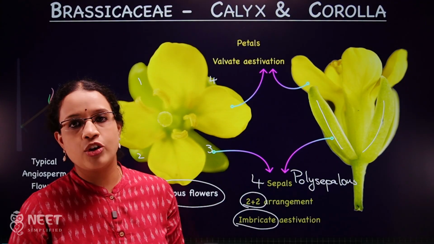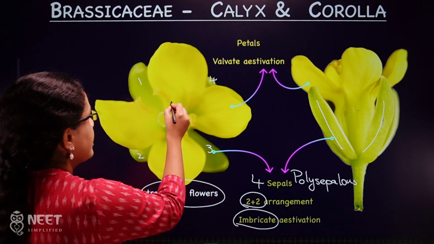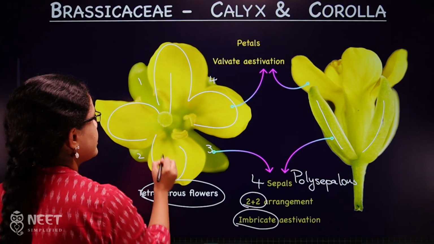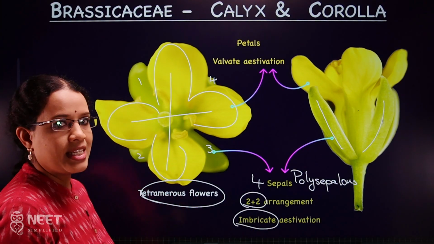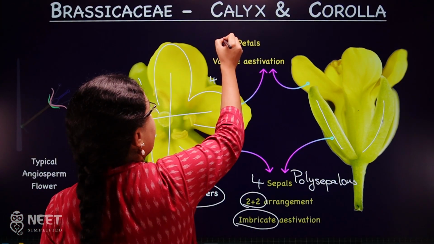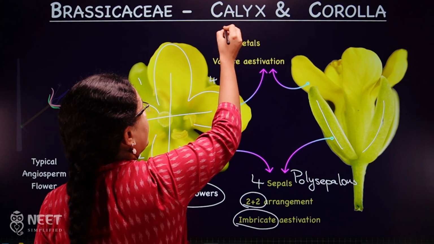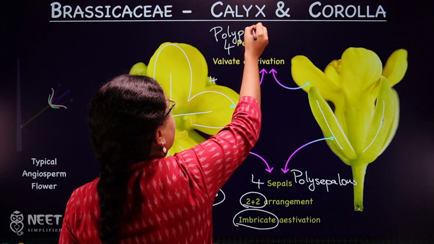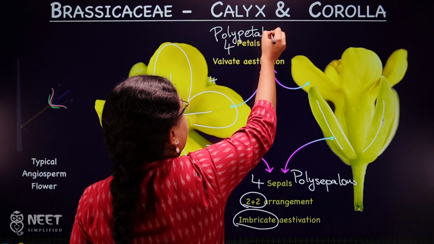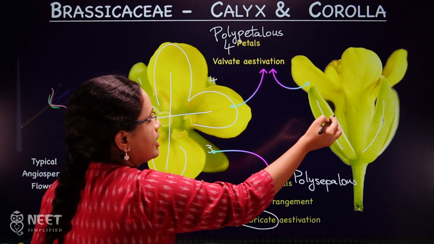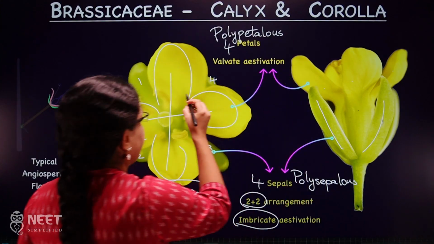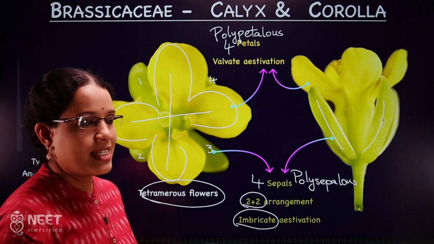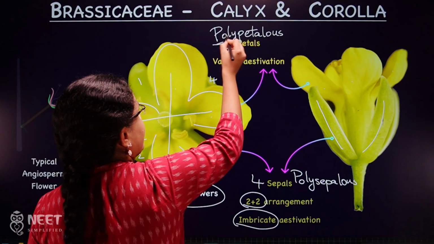Right. Now coming to the petals. So we always remember that they look like the cross. So cruciferous, also they are poly, and there are 4 in number. So 4 petals, also polypetalous in nature. Here you can see as well, and here also, where they are not fusing with each other, isn't it? Hence polypetalous in nature.